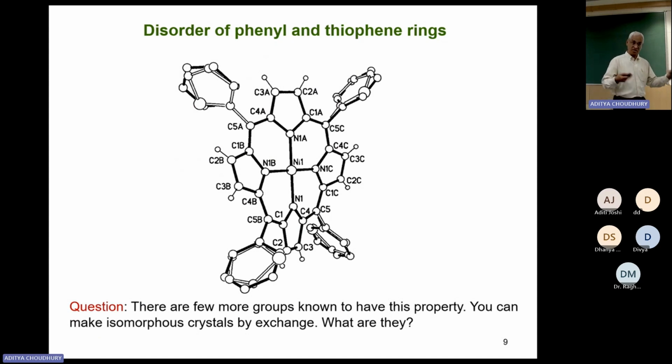It is disorder because they occupy the same space. So this is the actual crystal structure of the thiophene-phenyl exchange disorder. You cannot determine whether it's cis or trans. Maybe NMR will, but no crystal structure. No way.